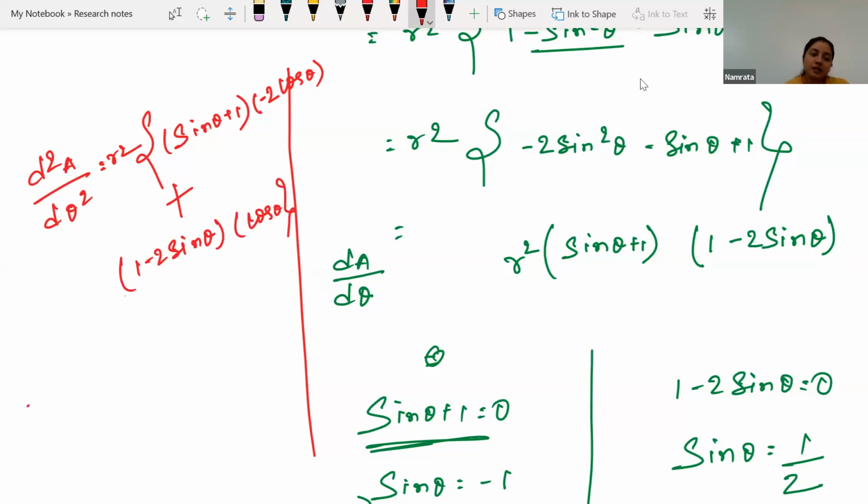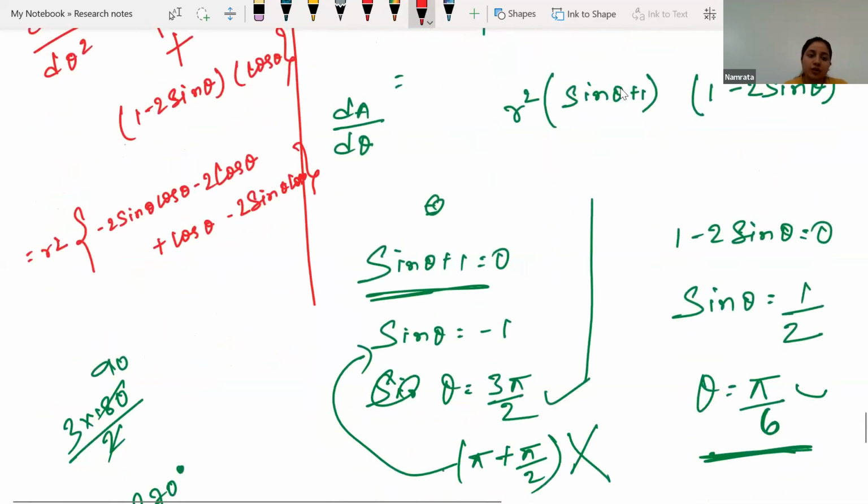If we expand it, it will become r square times minus 2 sine theta cos theta minus 2 cos theta plus cos theta minus 2 sine theta cos theta. Yes, this is what we are getting over here.